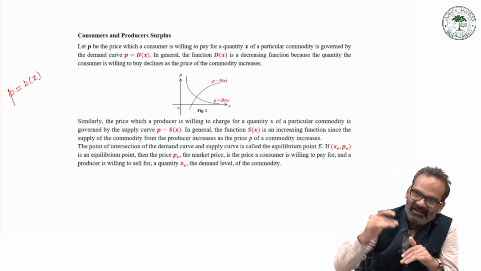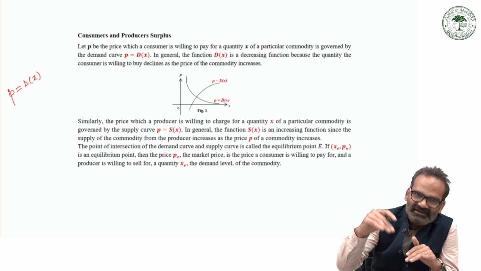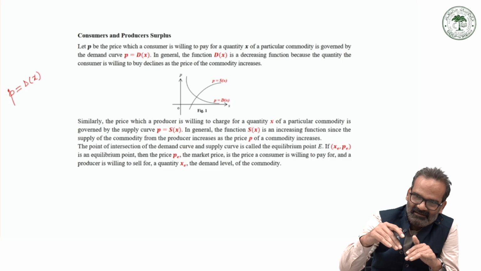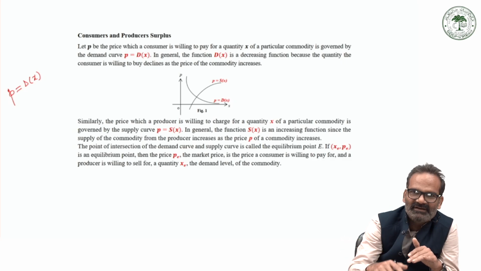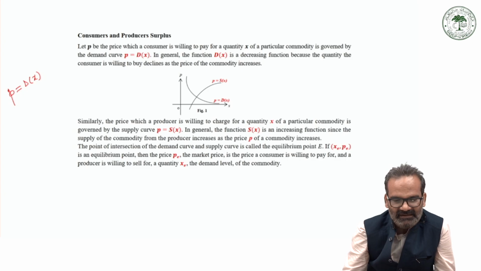Whenever the price of a commodity increases, the quantity consumed by a consumer willingly will automatically decline. That is why it goes downward.